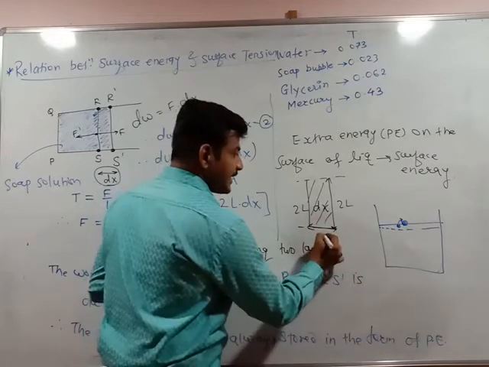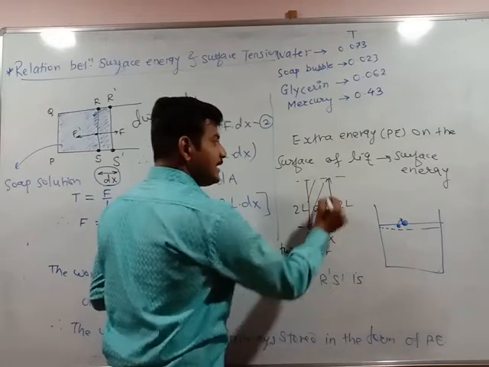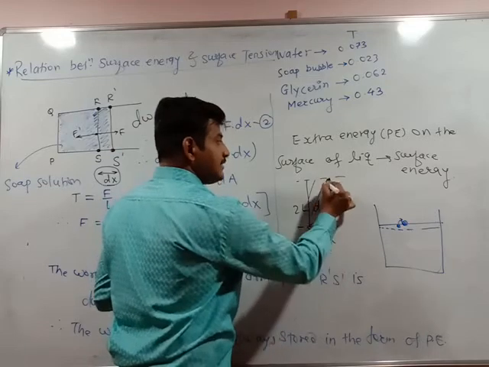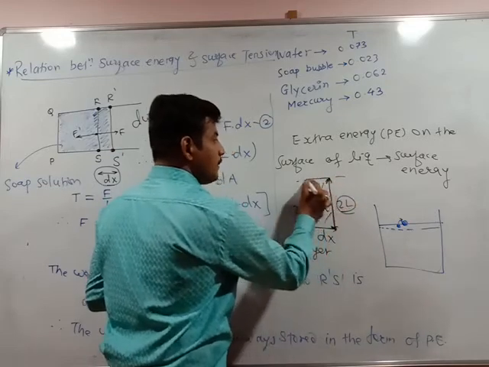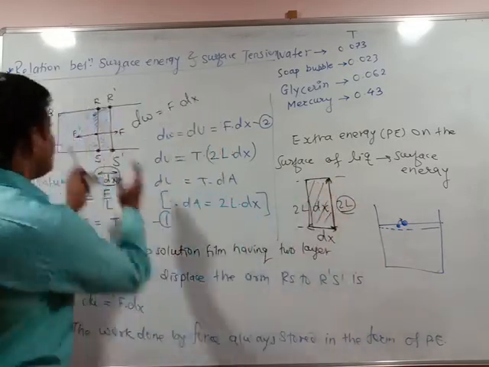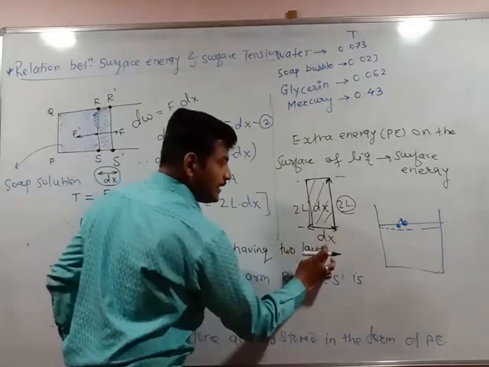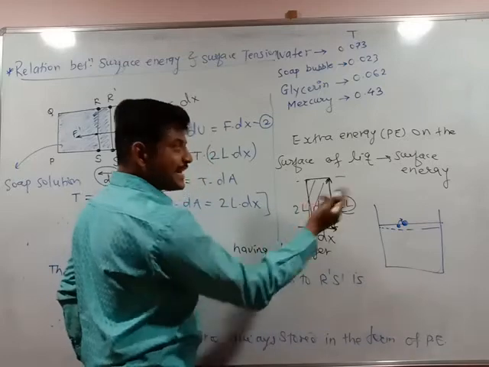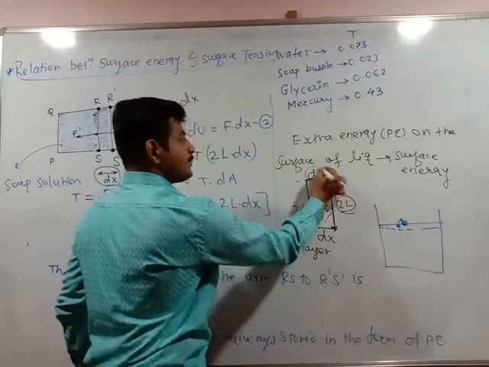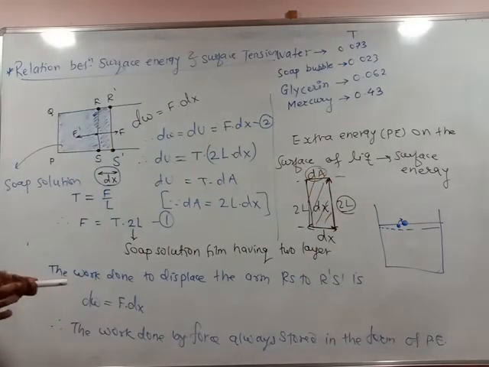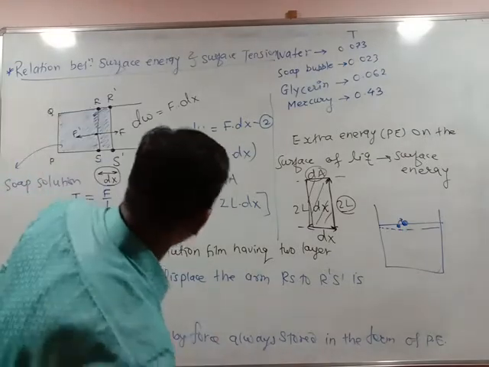Okay, so this I can say is length. Length is dx. Height is said to be 2L. Means what is the area of this displaced position? Area of the displaced position is 2L into dx. How much area changes? dA. Increase in the area. So I can write here easily, increase in the area.